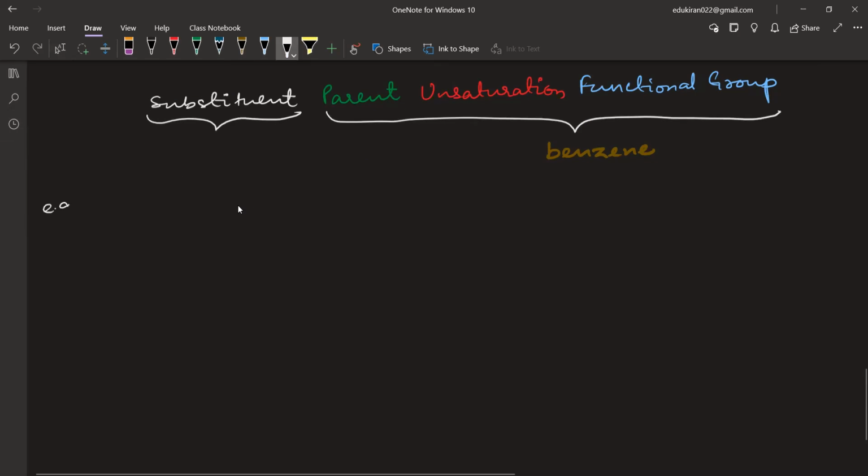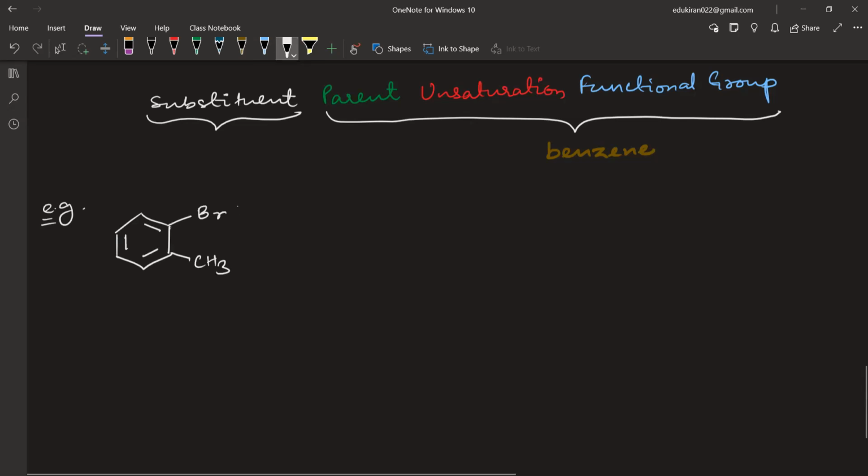For example, is this an aryl halide? Is the halogen atom directly connected to the benzene ring? Yes or no? Please tell me. Yes. Right?